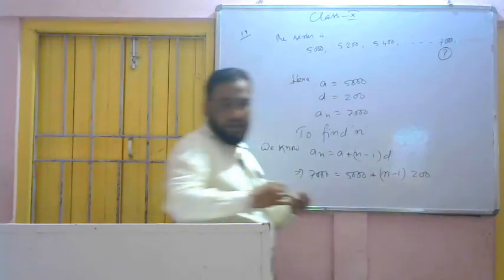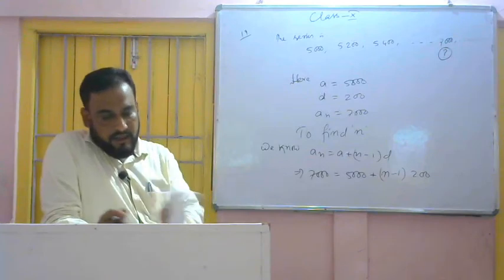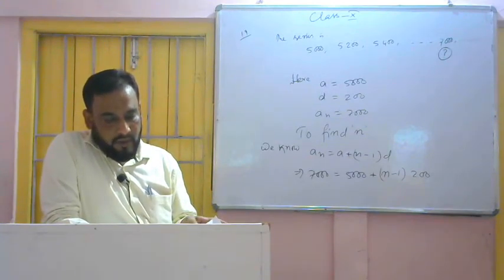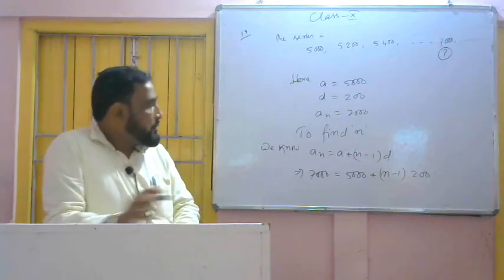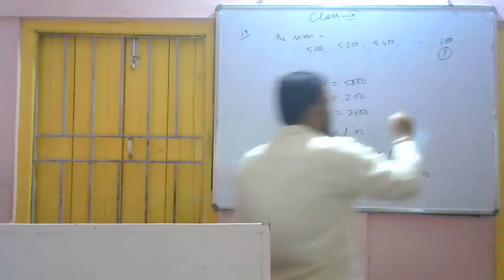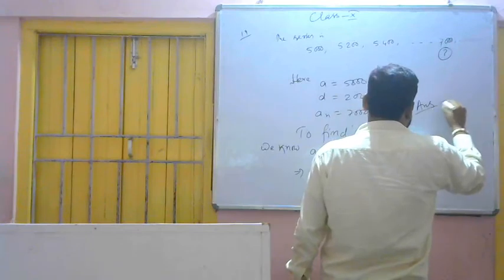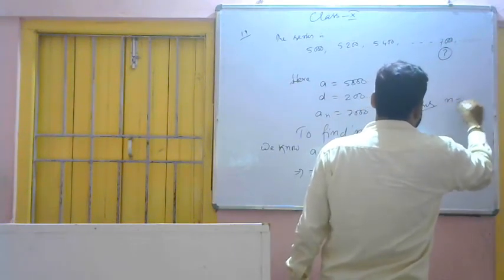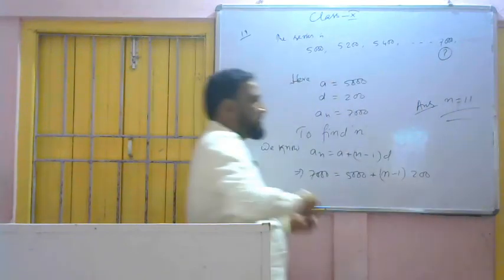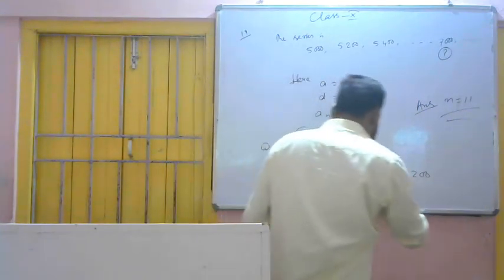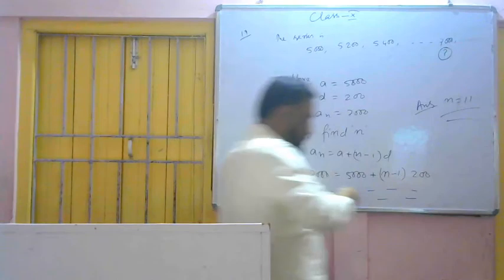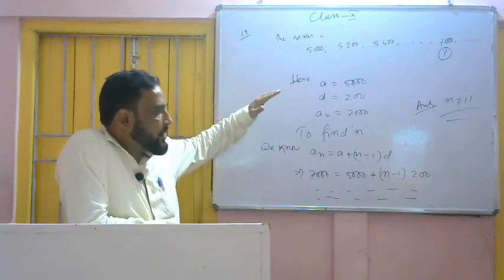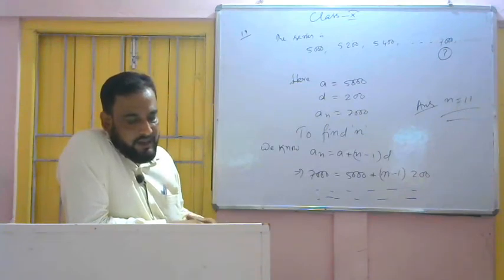You will continue like this, and you will get the value of N. Okay. So the answer will be 11. N is equal to 11. So this is also one of your homework. Just continue the calculation, you will get the result.